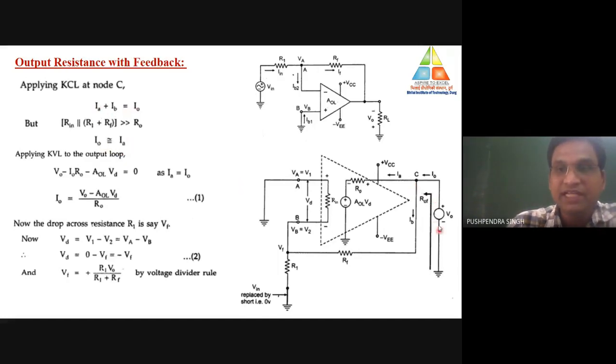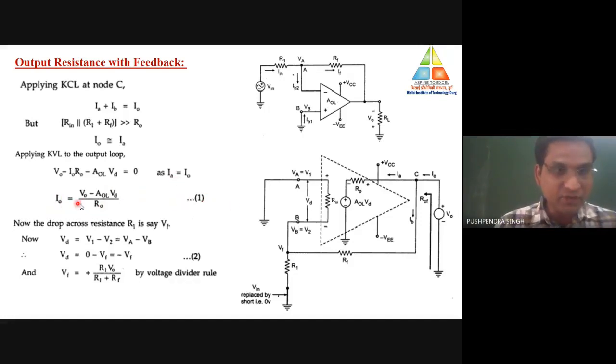Now apply KVL in this particular loop. When we apply KVL, V0 minus I0 into R0 minus AOL into VD is equal to 0. Both are grounded, so the loop will be completed. V0 minus I0 into R0 minus AOL into VD is equal to 0. From there, the value of I0 we have calculated as equation number 1.